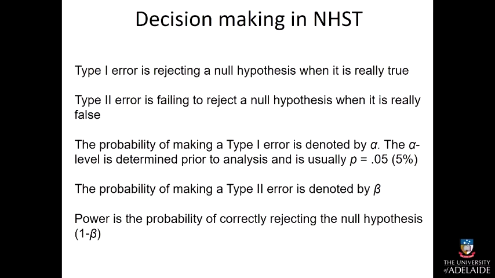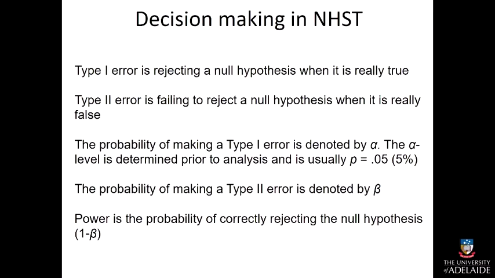So, the two types of errors: rejecting a null hypothesis when it's really true is a type 1 error. Failing to reject a null hypothesis when it is really false is a type 2 error. The probability of making a type 1 error is up to us, but by convention is set at a p-value of 0.05.